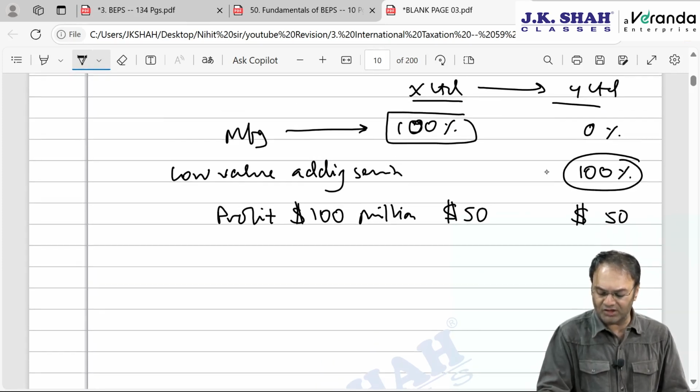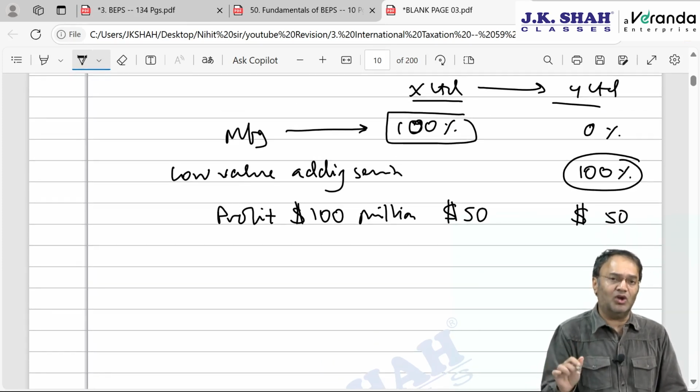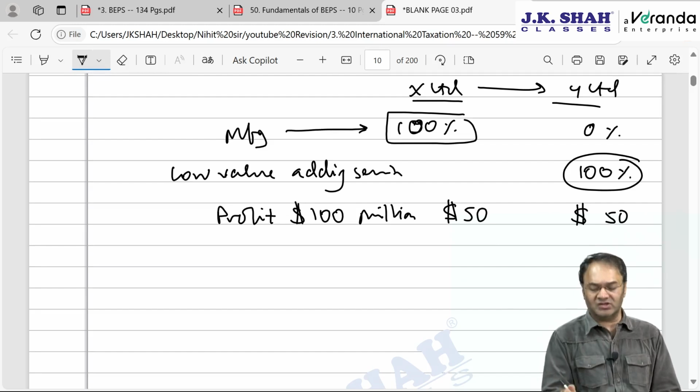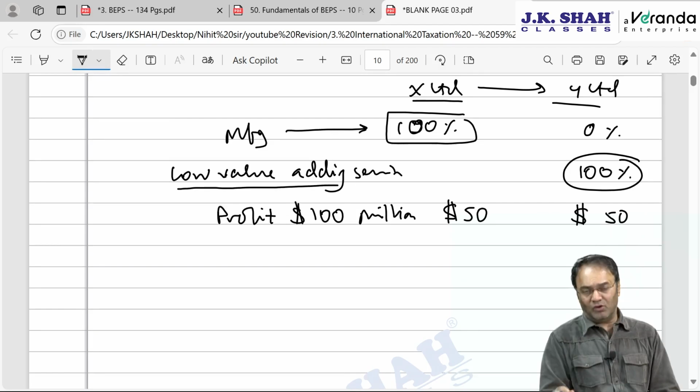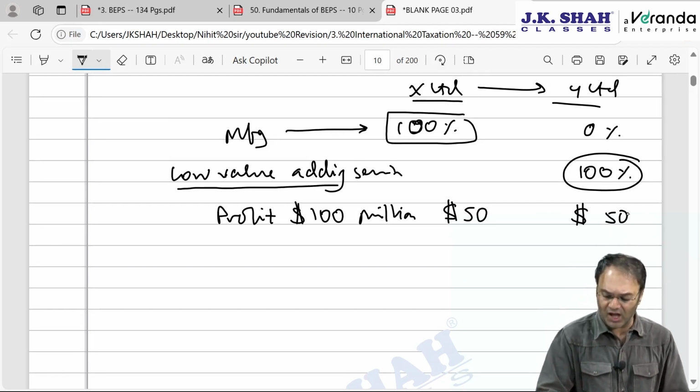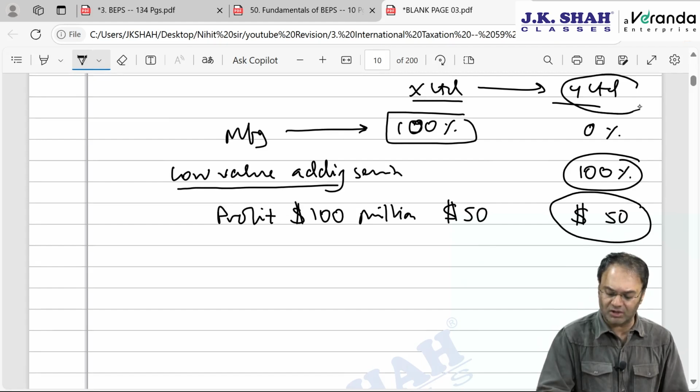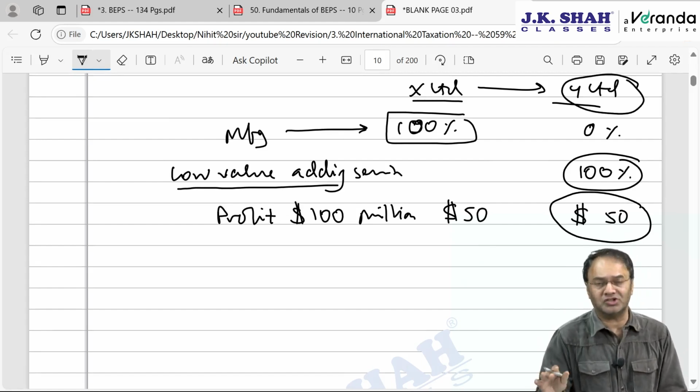Just because Y Limited is providing some service, the AO, the tax officer, will have to analyze whether the services provided by Y Limited are creating any value addition or not. So for low value adding intra-group services, OECD has provided guidance that how much profit should be allocated to such an enterprise should be based on cost incurred.